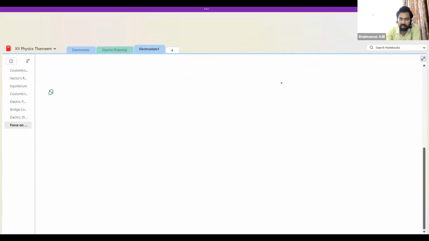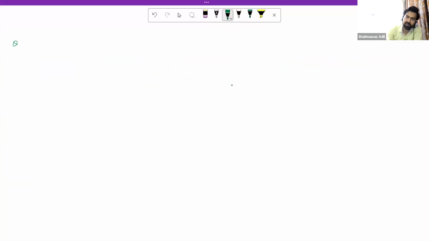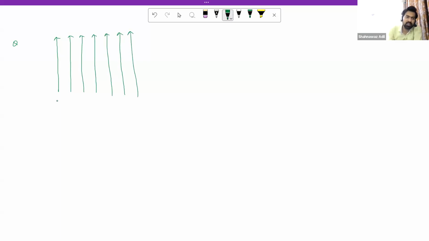You have some electric field which is in this direction. This is the electric field.